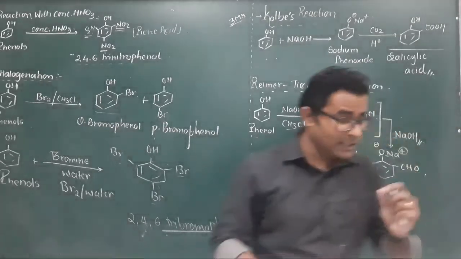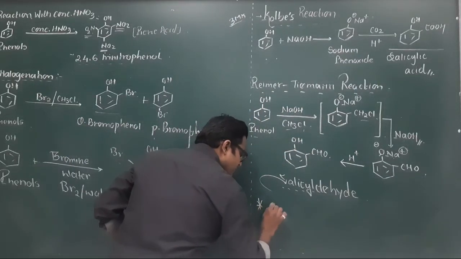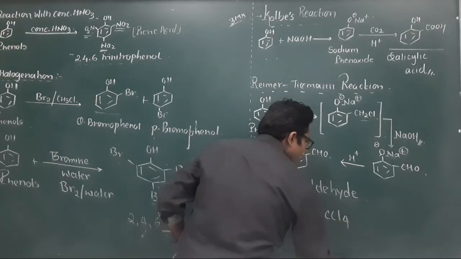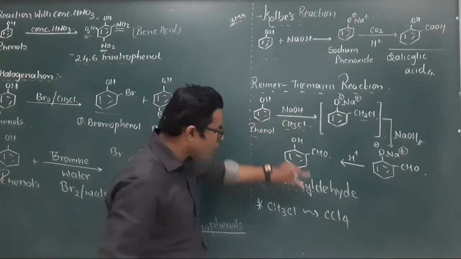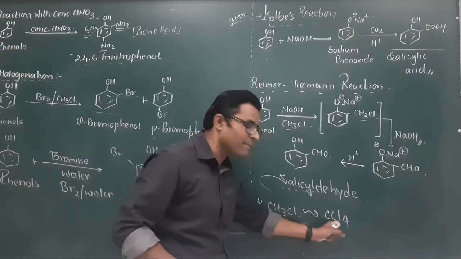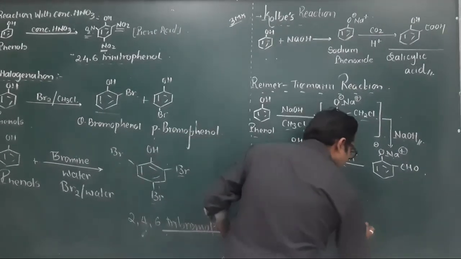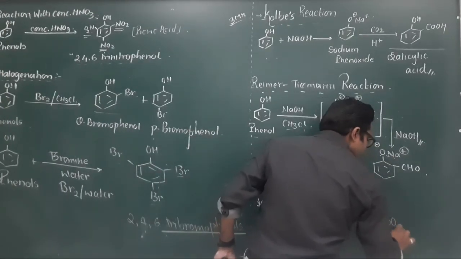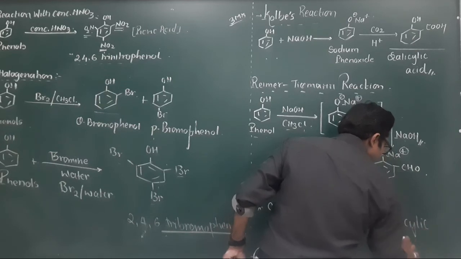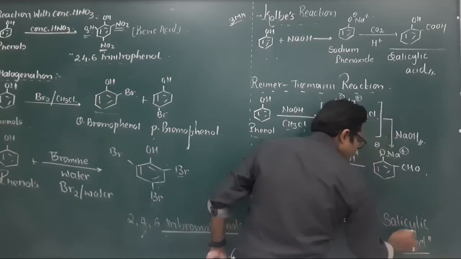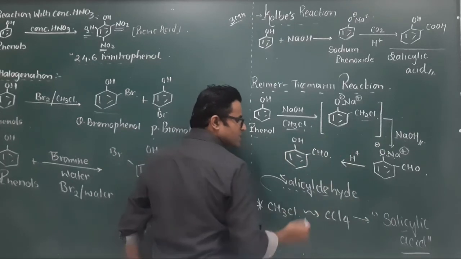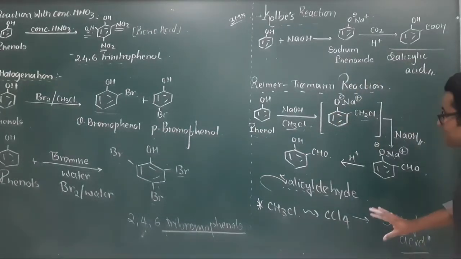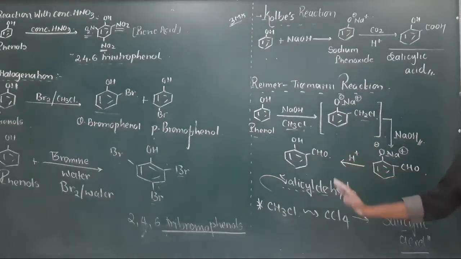In case we replace CHCl3 by CCl4, that means instead of chloroform we take carbon tetrachloride, the final compound will be salicylic acid. So remember this: one small change changes the product from an aldehyde to an acid. Okay, so this is the Reimer-Tiemann reaction.